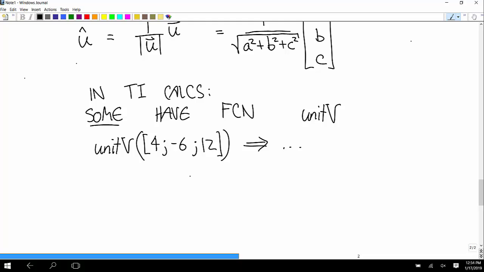Like some people haven't taken programming yet and some people have and whatever. But that just means that inside the parentheses is the vector input for that function. Okay. So like if you're just entering that vector, you don't need the parentheses. You just need the parentheses to put that vector into the function.